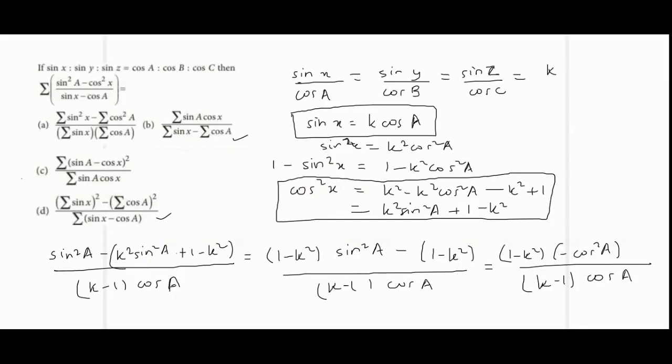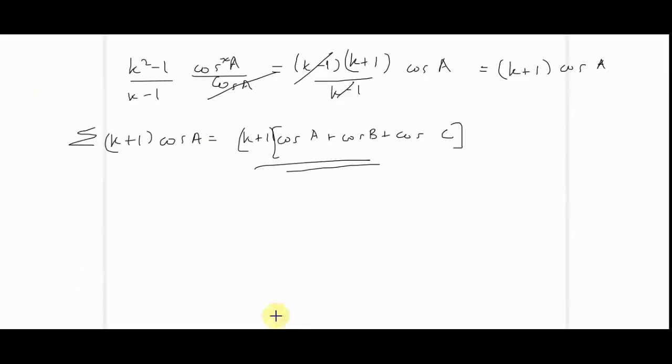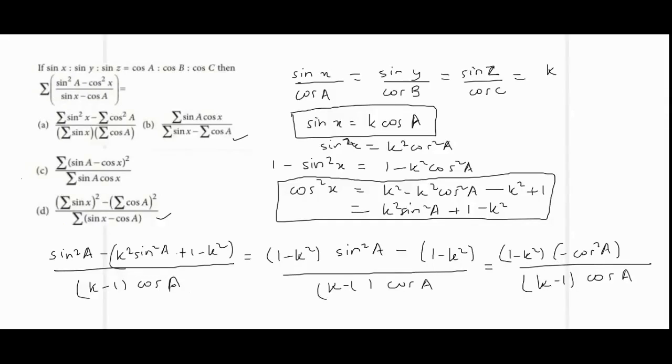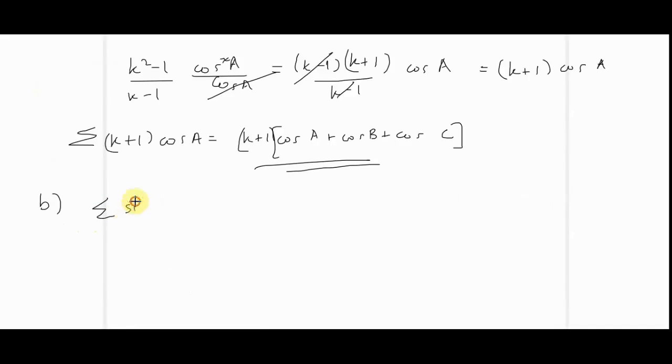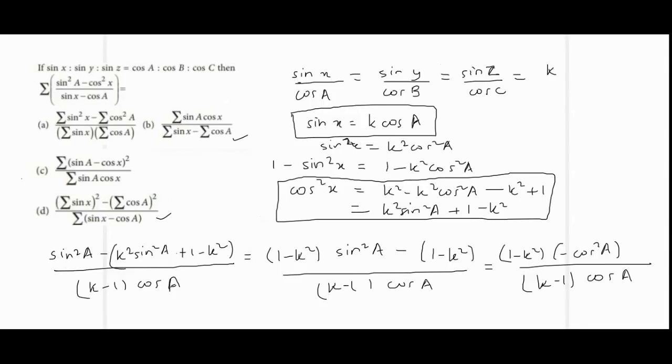So let's check option B first. It is summation sin a cos x divided by summation sin x minus summation cos a. So what was the relation? Sin x is k times cos a.